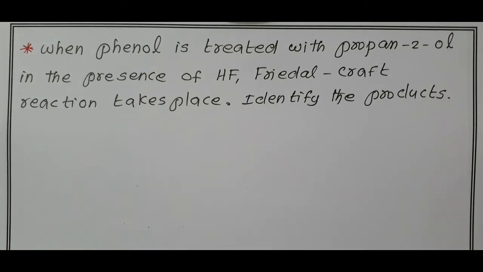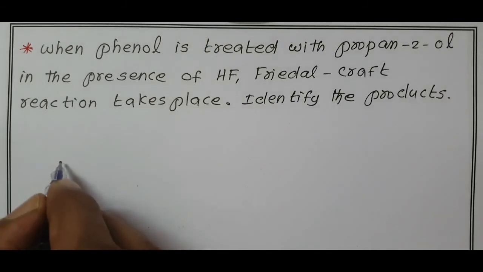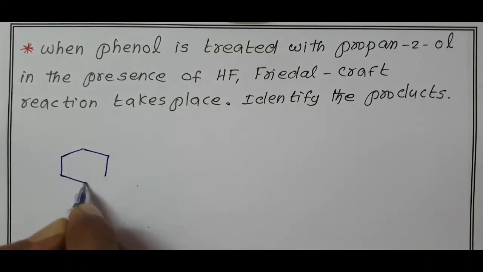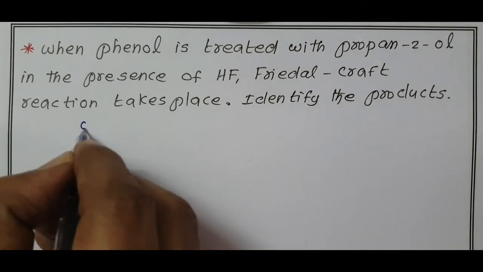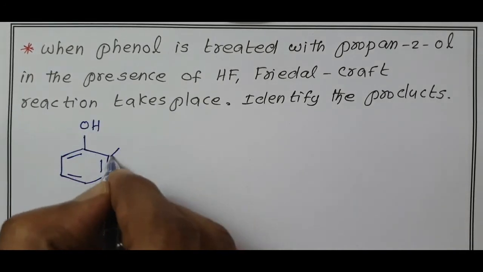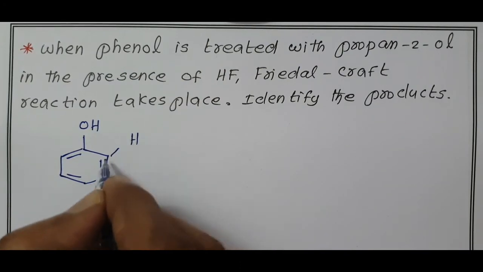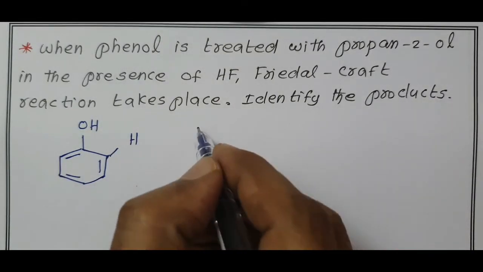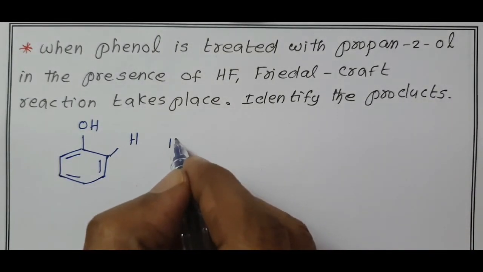So, our reagent is phenol, C6H5OH. Now, OH is ortho and para directing. I separated one hydrogen. Propane 2-ol, nothing but isopropyl alcohol.